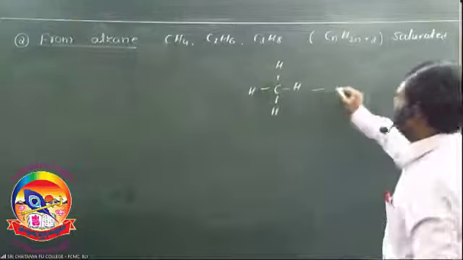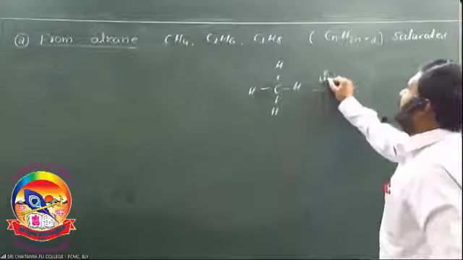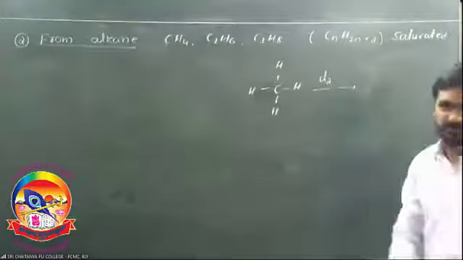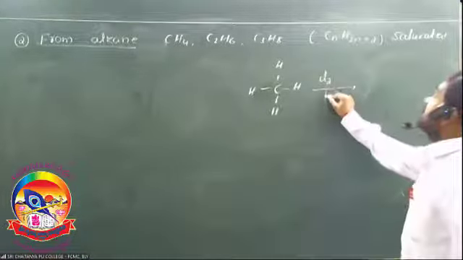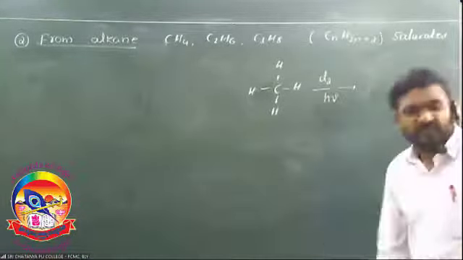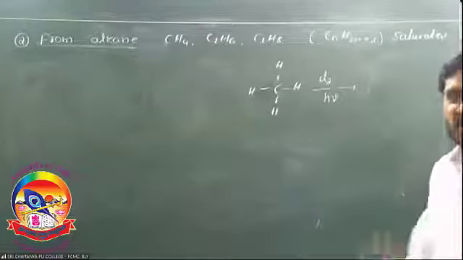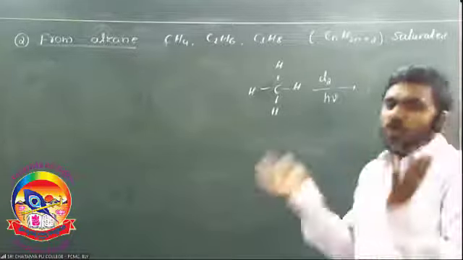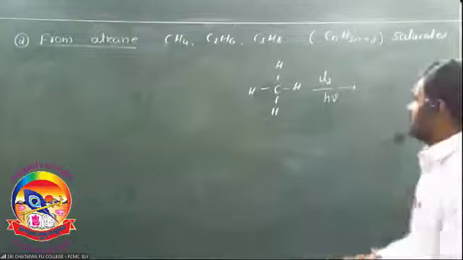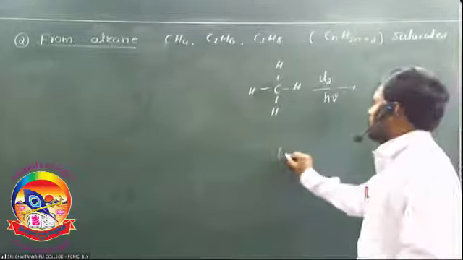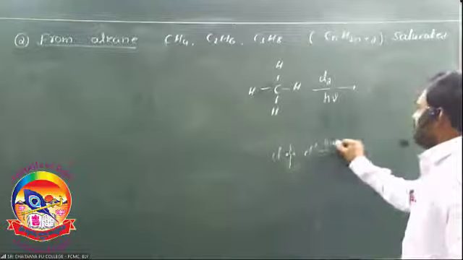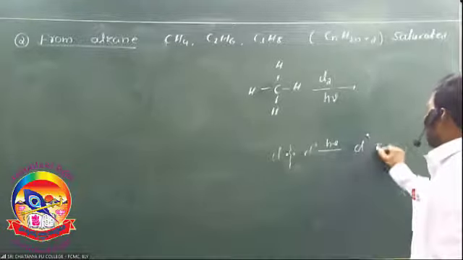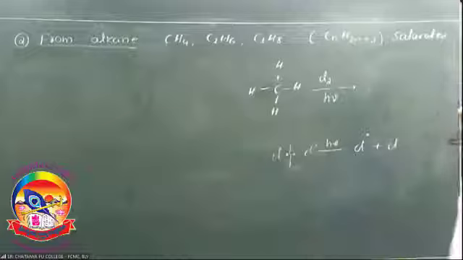Example: methane reacts with chlorine in the presence of sunlight. We know it is a chain reaction: chain initiation, chain propagation, chain termination. The chlorine molecule undergoes homolytic cleavage, which forms free radicals.